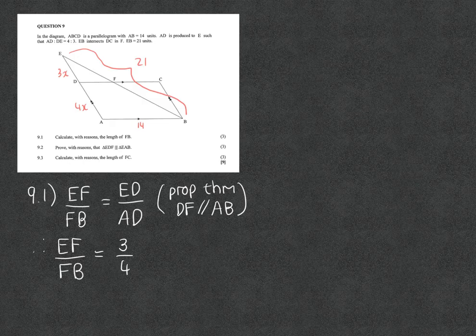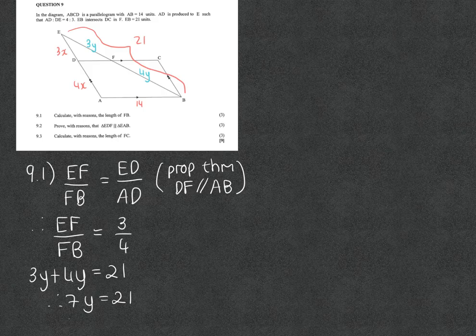Here we can state that EF is going to be 3y. It's a different variable because it's a different side, and that's 4y. So we can therefore say that 3y plus 4y equals 21. Therefore, 7y equals 21.